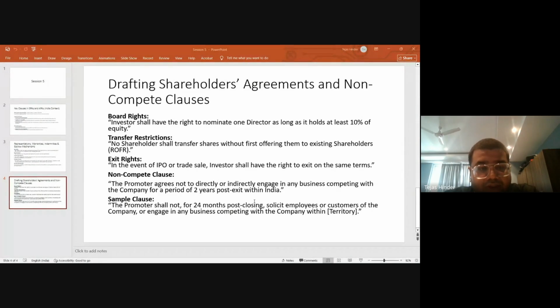Just note one thing, that in this case, this restriction shall not apply to passive investment of not more than 5% in any publicly listed entity. To repeat, this restriction shall not apply to any passive investment of not more than 5% in any public listed company.